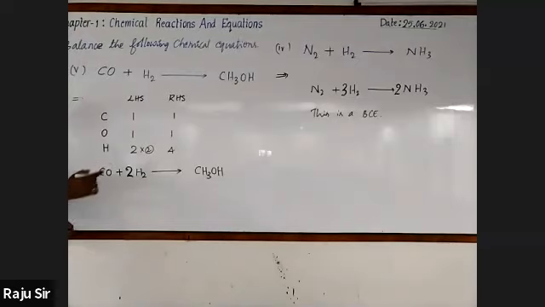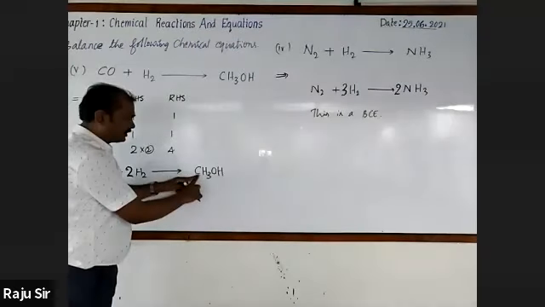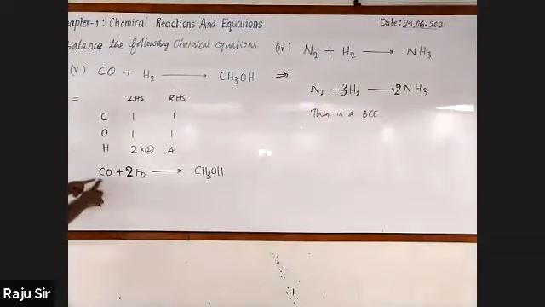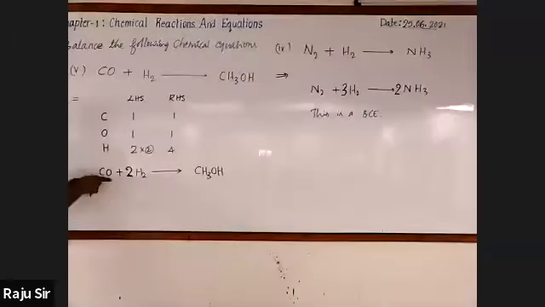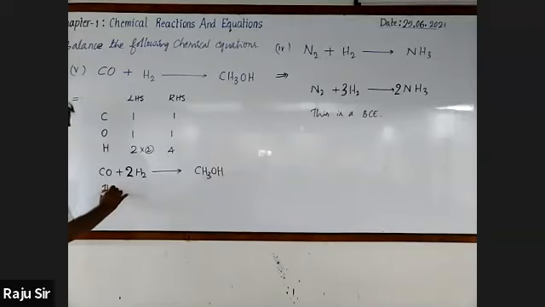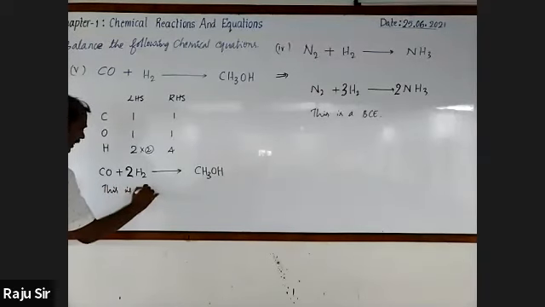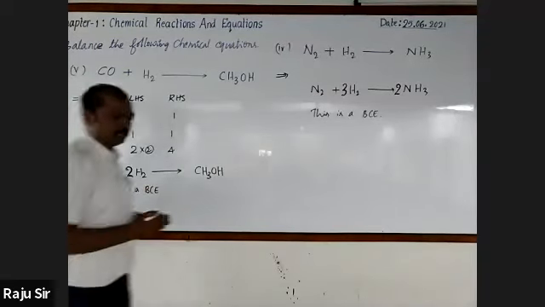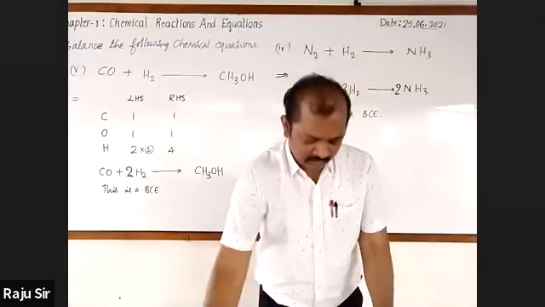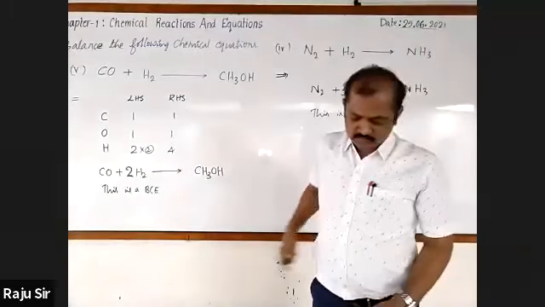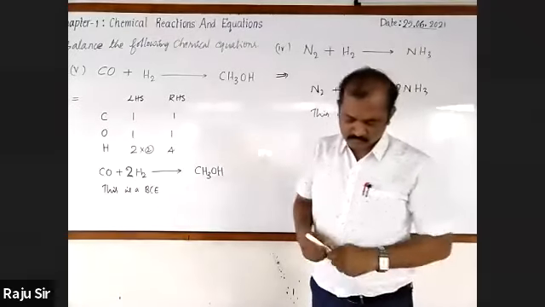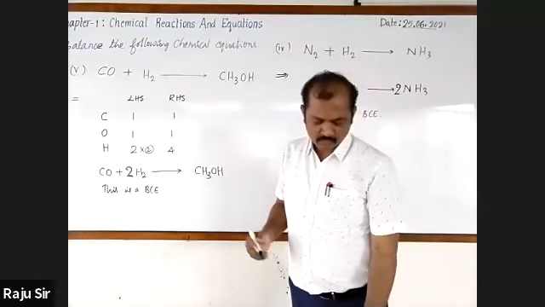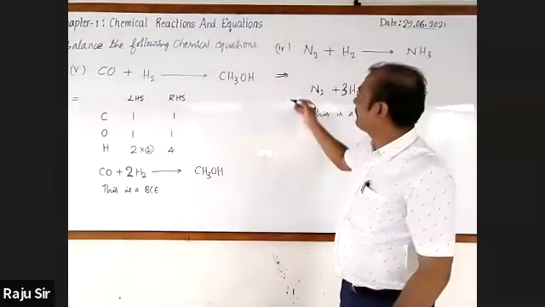Whereas the remaining carbon and oxygen: carbon, sir, 1 atom here, 1 atom here. Balanced. Oxygen 1 atom, 1 atom. It is balanced. So simple. Right. This is a balanced chemical equation. Another one.